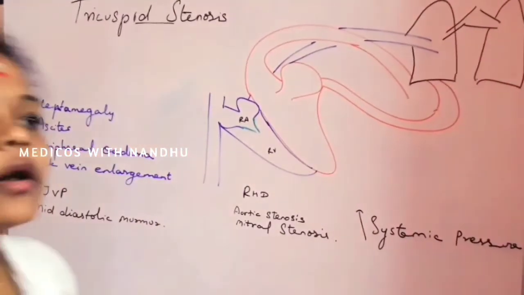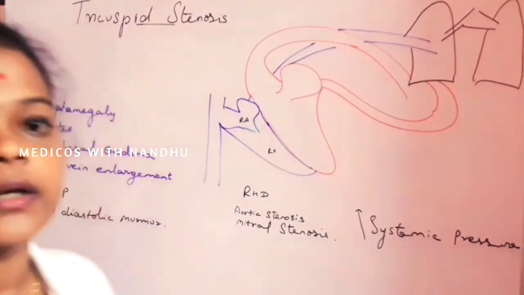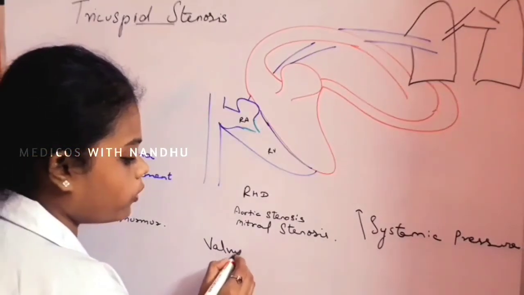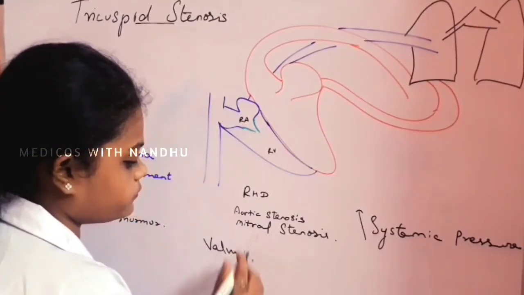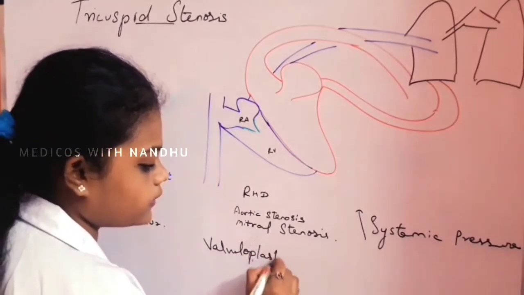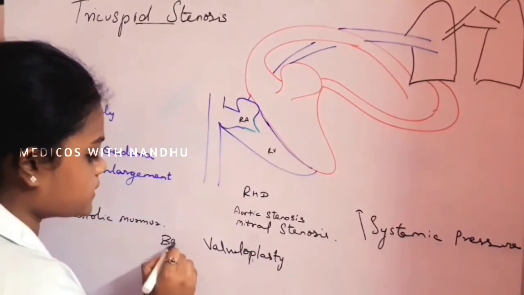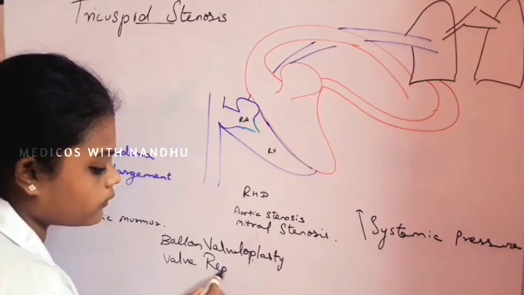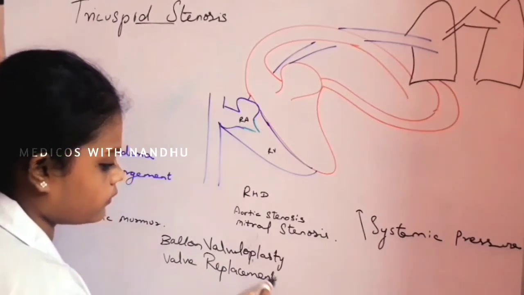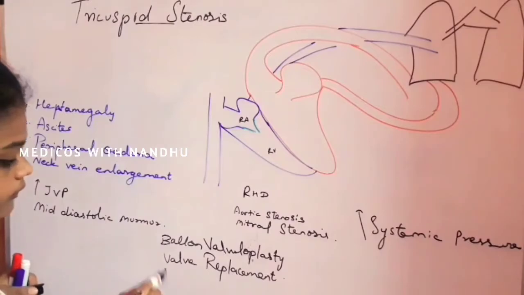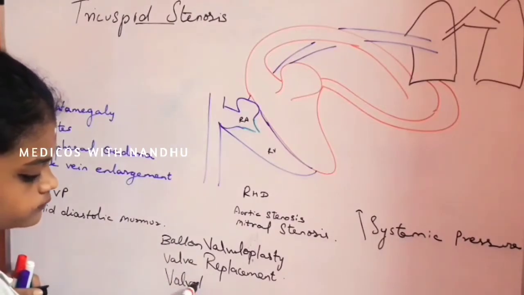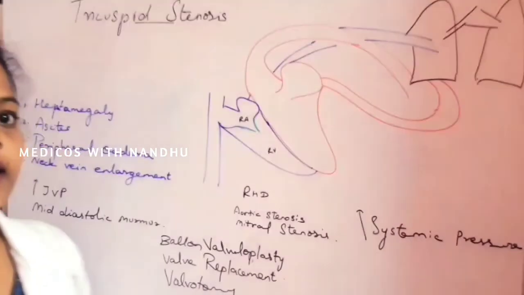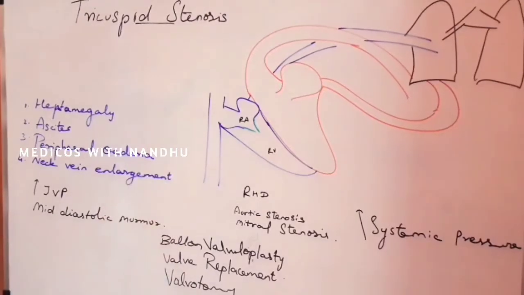But tricuspid stenosis always has surgical management, like balloon valvuloplasty, valve replacement, and valvectomy. These are the management options that can be done.